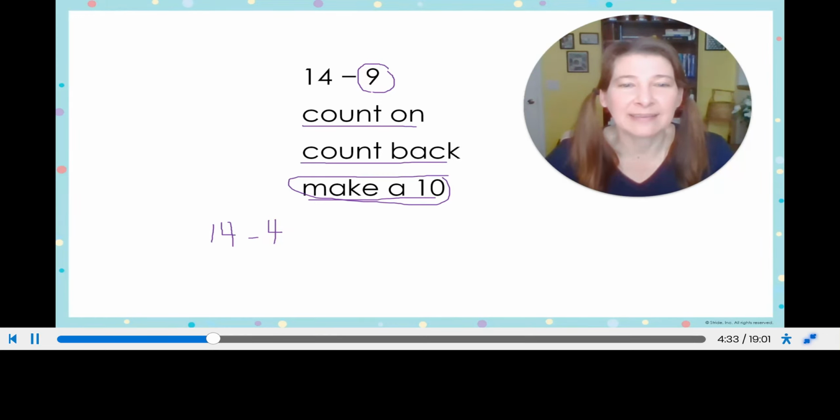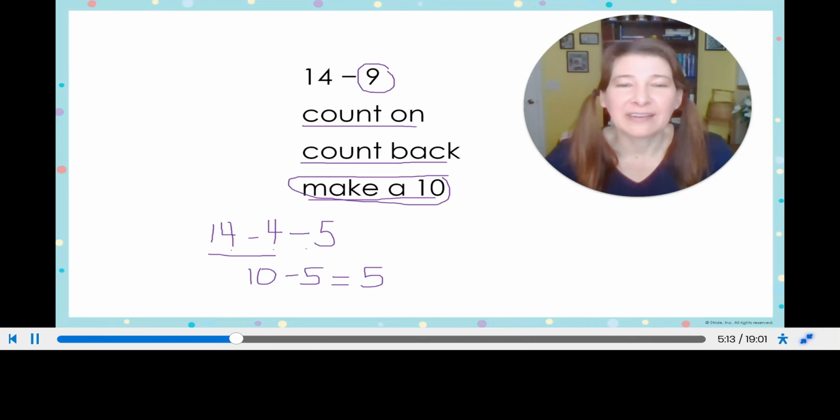But we didn't take away this entire part yet. We only took away 4, but we need to take away 9. So we would need to take away another 5. So instead of thinking 14 minus 9, we are now thinking 14 minus 4 minus 5. 14 minus 4 equals 10. And now we just have to decide, what is 10 minus 5? 10 minus 5 equals 5.